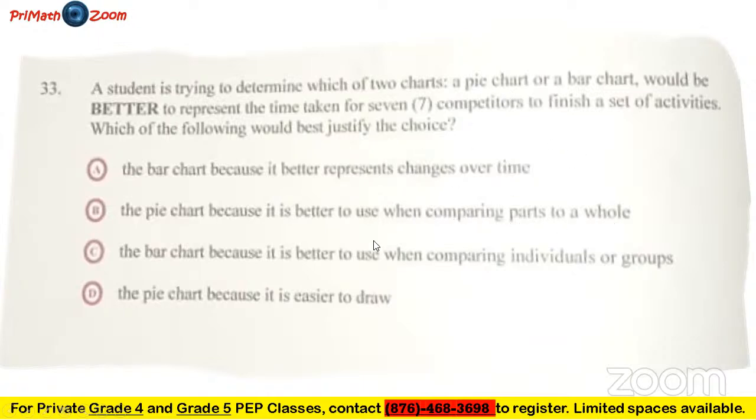Oh, well, we're not talking about parts of a whole here. The bar chart, because it is better to use when comparing individuals or groups. The pie chart, because it is easier to draw. The correct answer would be C, because it is better to use a bar graph, bar chart, when comparing individuals or groups. So we're comparing their time taken, it's better to use a bar chart.